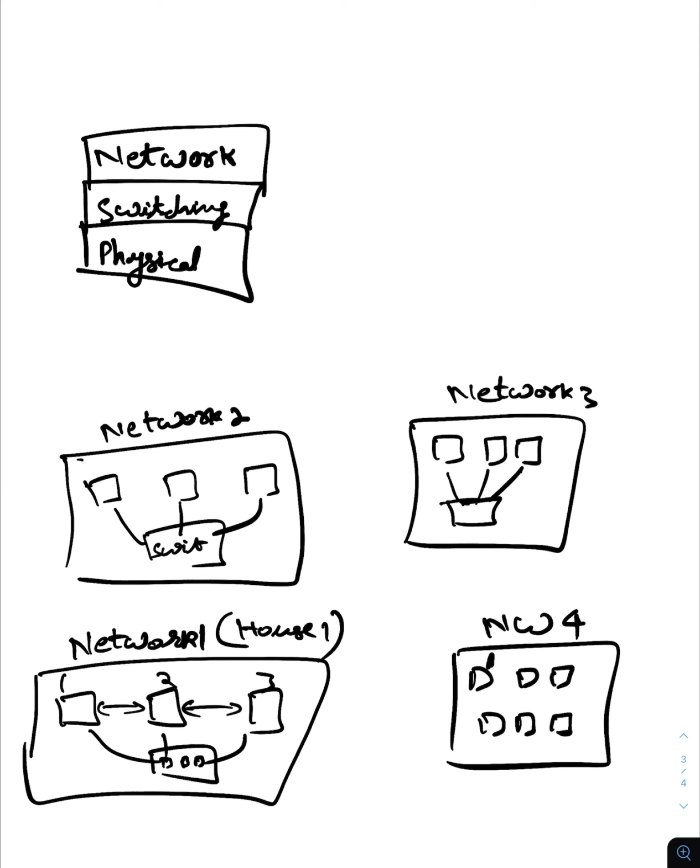So you have your own restrictions in between. So there comes something called a router in your house, which separates your network from the other network. So this is called a router.